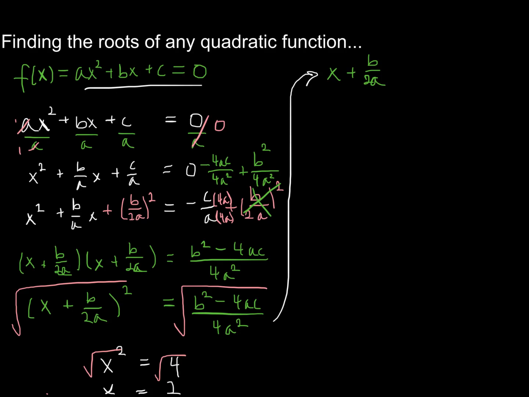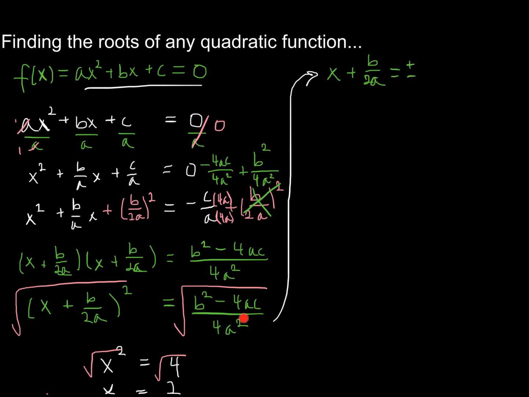So 2 times 2 is 4, but so is negative 2 times negative 2, because a negative times a negative is a positive. And so when we square root something, we have to consider both the positive and the negative values. Okay? And so we have to include a plus or minus. So we have that this is equal to plus or minus, either one will work.